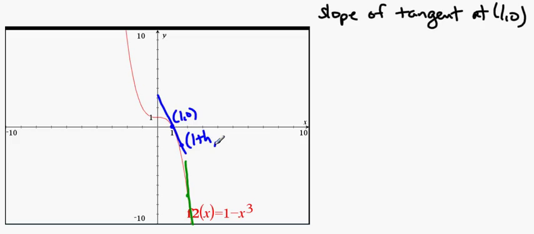We just move over to the right by, oh, ever so little. h is a very small positive quantity, and the y value would be whatever f of 1 plus h is. And what we do is we find the slope of the line between those 2 points. And then we decide that we're going to let h get very, very small.